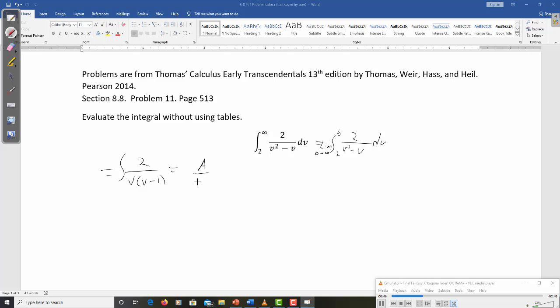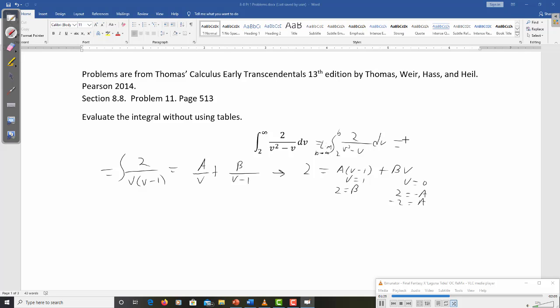A over v plus b over v minus 1 implies 2 equals a times v minus 1 plus bv. So v equals 1, we will get b equals 2, and if v equals 0, we will get 2 equals negative a, so a is negative 2.